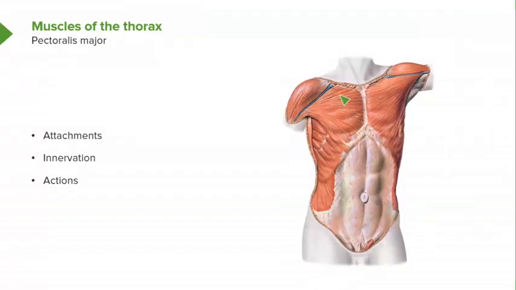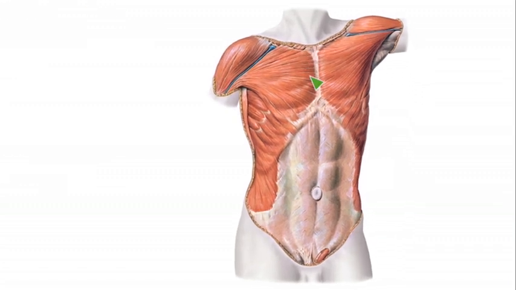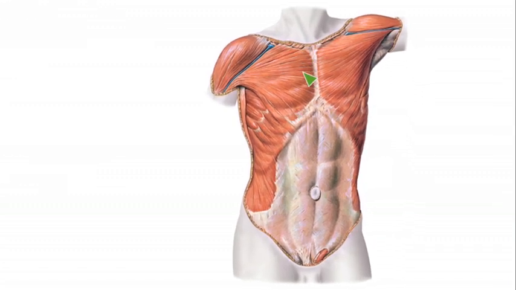It is described as having 2 heads, a clavicular head because of its attachment to the medial third of the clavicle. It also has a sternocostal head, which is the major head, because of its attachment to the sternum and to the costal cartilages of ribs 2 through 7. It also has an attachment to the aponeurosis of the external abdominal oblique.